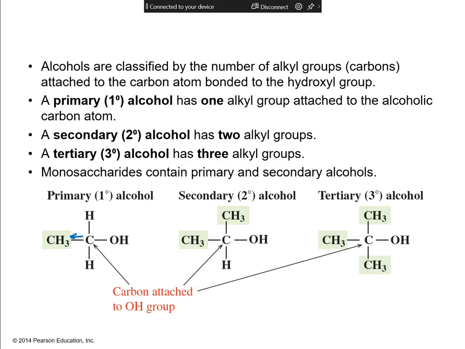Like when we were identifying functional groups, if you look at the carbon the alcohol is attached to, there's only one other carbon. Notice the others are hydrogens. Secondary alcohols have two carbons attached to the carbon of the alcohol. That one would be an alcohol hanging off the middle of a chain. Tertiary alcohols have three.